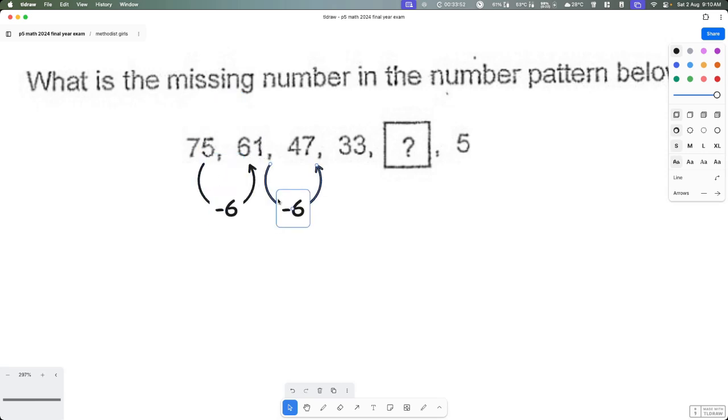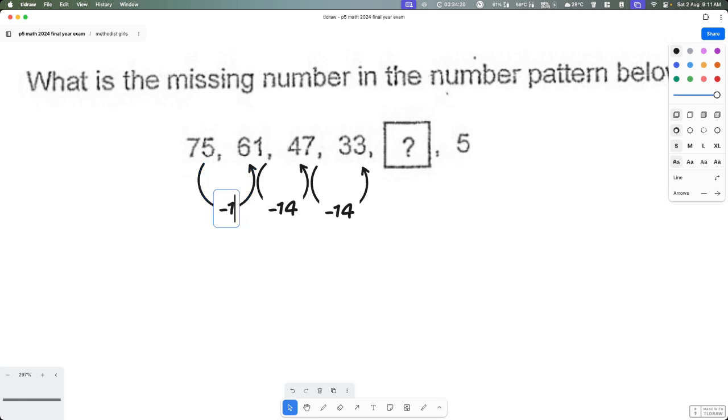And then from 61 to 47, we minus 14 as well. For 47 to 33, let me just put this a little bit closer like this. This will also be minus 14.